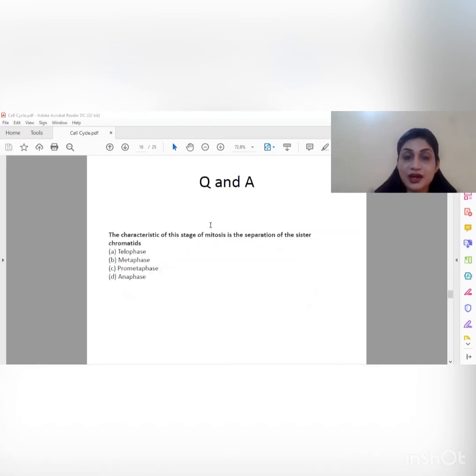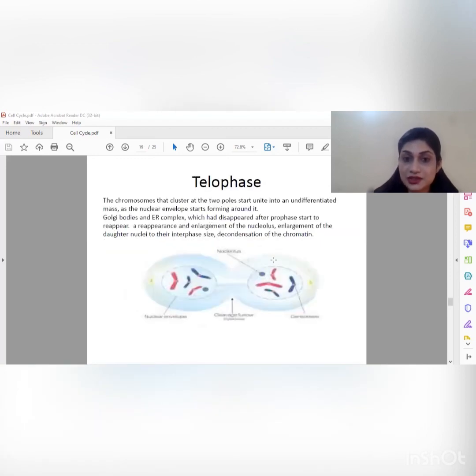Okay. And in telophase, the nuclear membrane reappears, all the cell organelles reappear, the spindle fibers disintegrate. Okay, there are no more spindle fibers in this stage. Okay, each cell will have their own centrioles, two centrioles at the end, but no spindle fibers over here now.